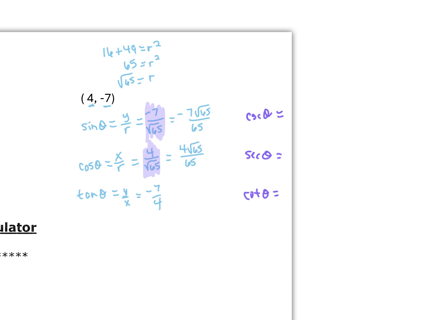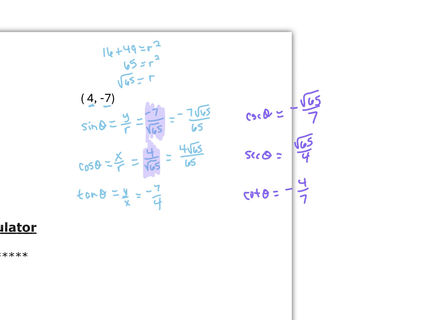If you try to flip that, then you're going to have to rationalize again and you're multiplying and making the numbers much bigger. Just flip this. Negative root 65 over 7. Root 65 over 4. And negative 4 over 7. Okay? So flip what is easiest to flip.